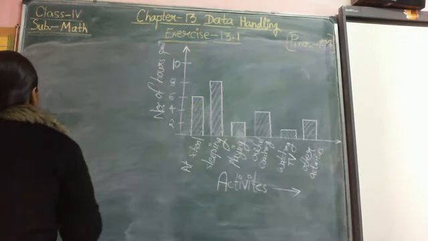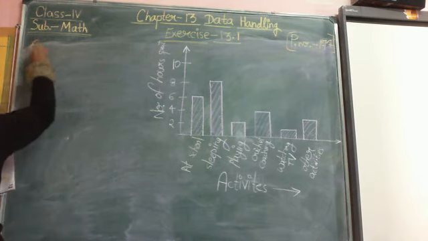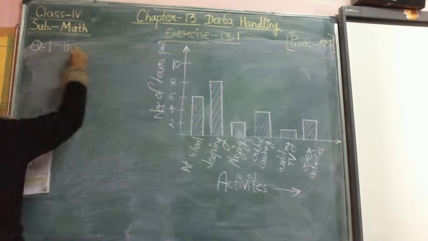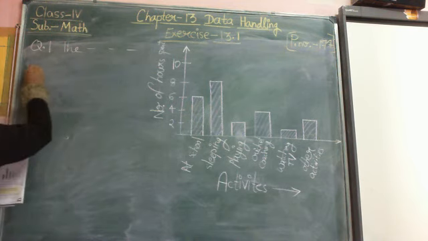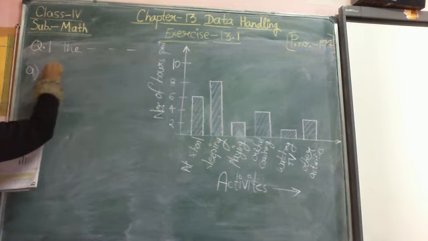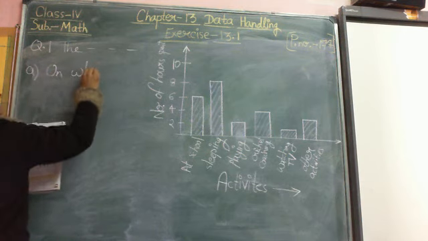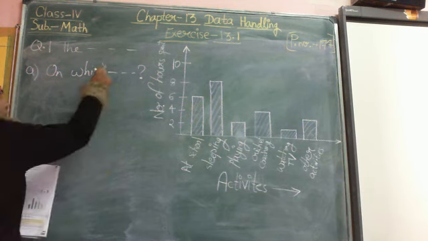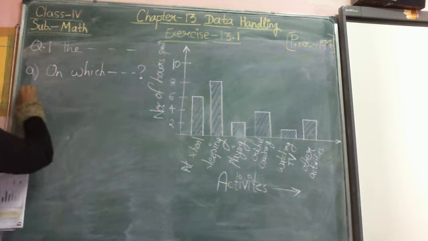So what you will do? It was question number 1. You will note down the question. You will draw the bar graph. Then you will note down part A, on which activity. You will completely note down the question from the book.